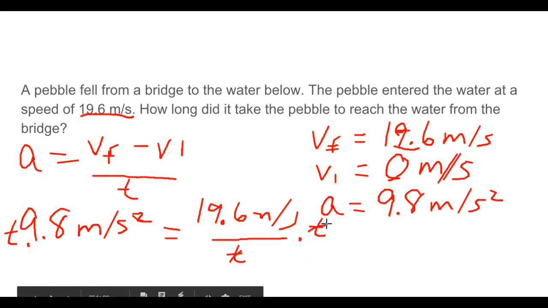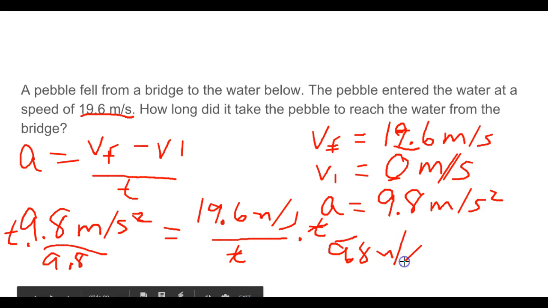And now I would divide both sides by 9.8 meters per second squared. I'm just going to write down the numbers so you guys can see it. The units transfer with it.